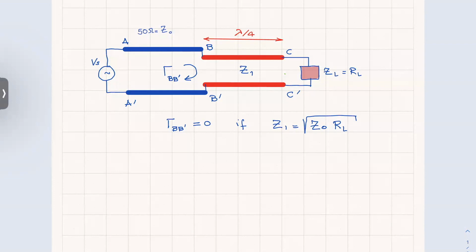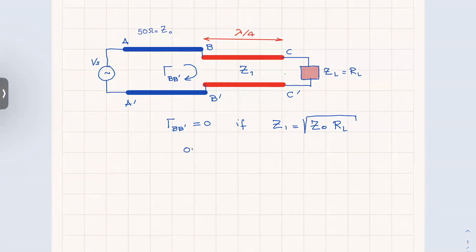Characteristic impedance is always real, always, okay? And in this case, to have a real characteristic impedance for the quarter wavelength section, which is Z1, you will need to have RL to be real. If RL is not real, that is not working, all right?